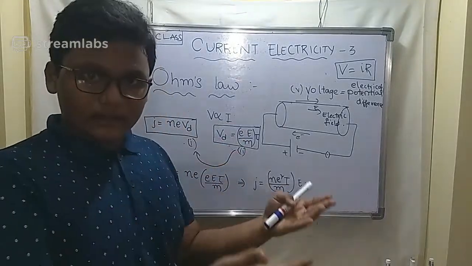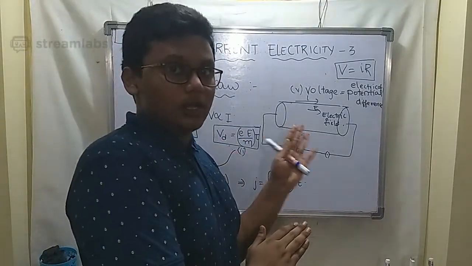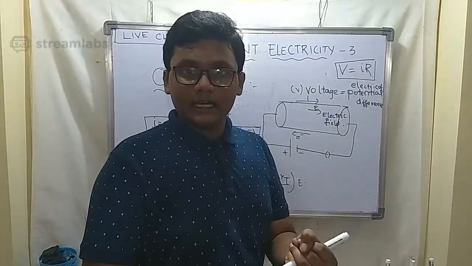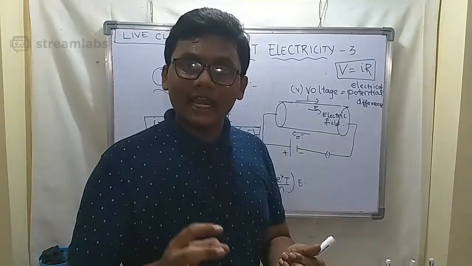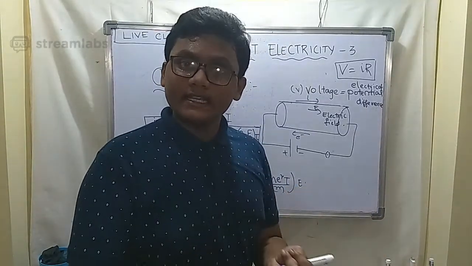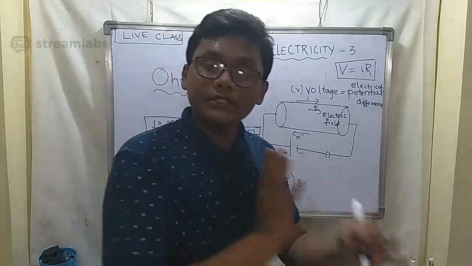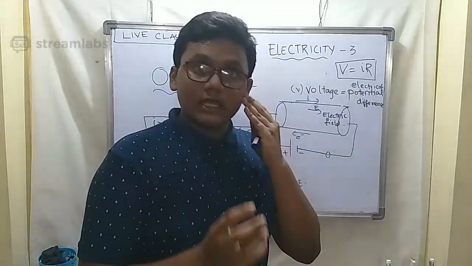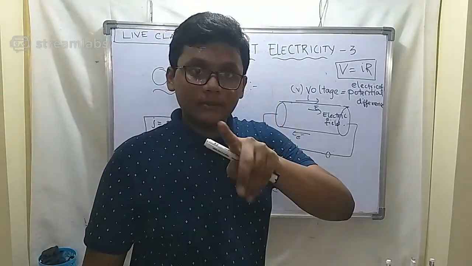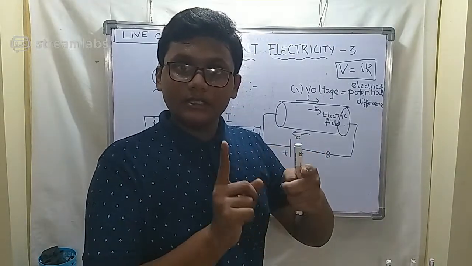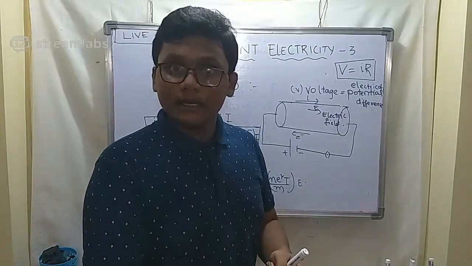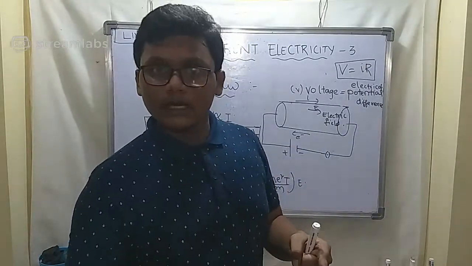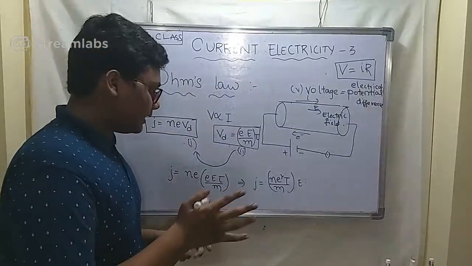Some keywords: a conductor allows the current to pass through it, and a resistor opposes the current passing through the conductor. Conduct means allowing the current, and resist means opposing the current. These keywords are important.